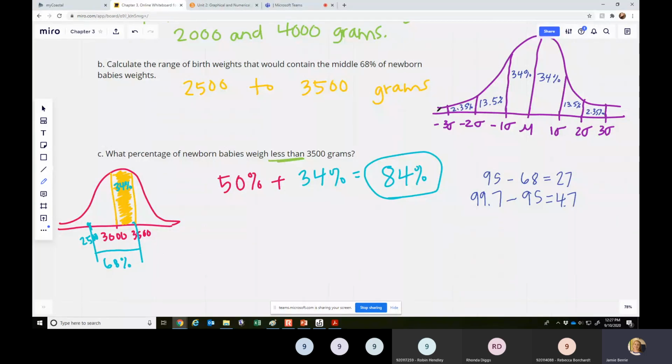It would be 0.15%. That's so small. It's such a small amount of data values that are going to be in these very ends. And I know my percentage symbols do not look great, but hopefully you can see what I was trying to get at here. Again, you could write this on your note card if that's helpful for you.